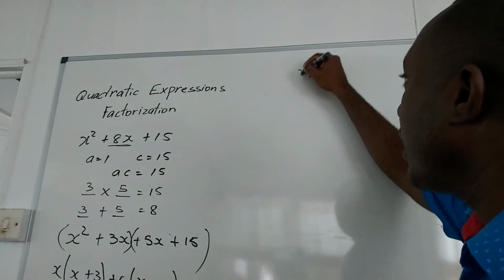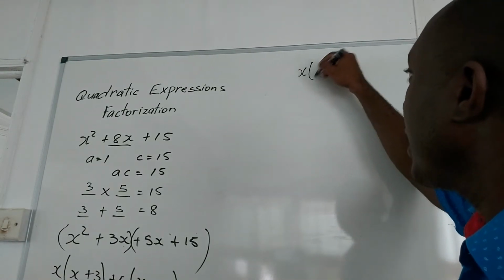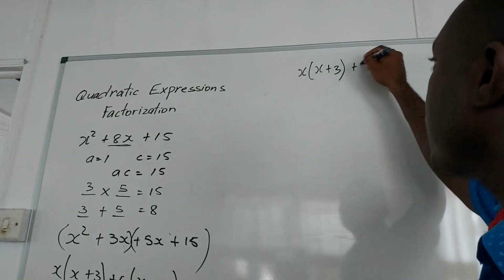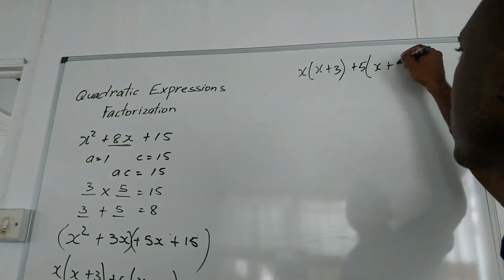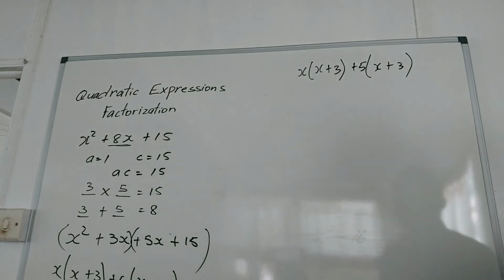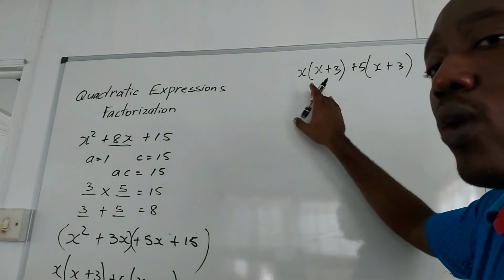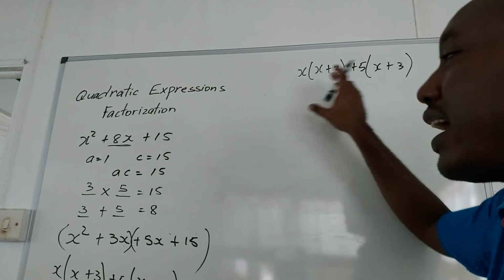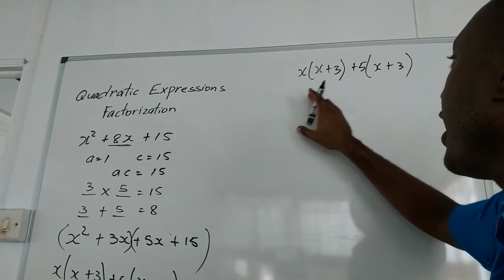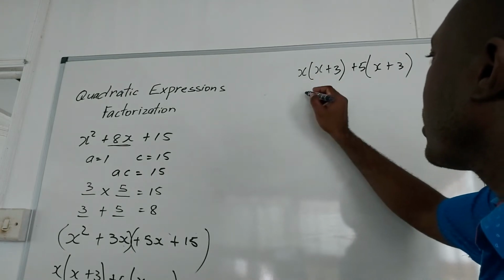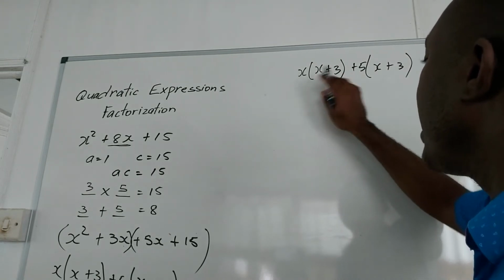So, we have here x times x plus 3 plus 5 times x plus 3. If the brackets are the same, we put the factors in one bracket and make the other bracket the x plus 3.